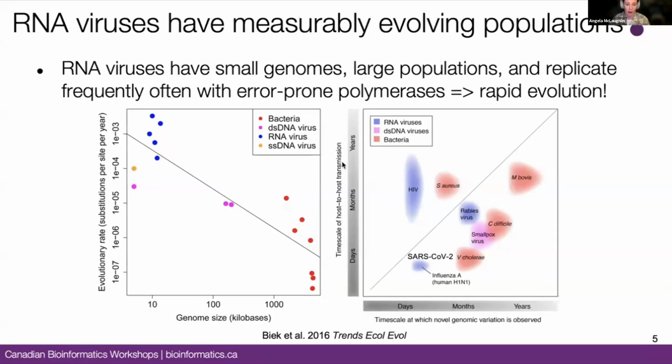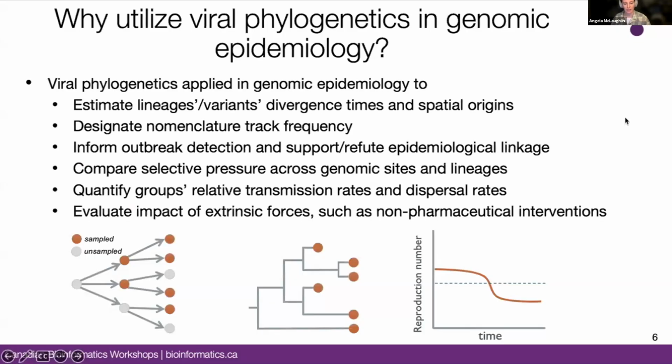On the left, the RNA viruses are on the top left for their evolutionary rate. And over on the right, you can also see the time scale at which genomic variation is observed can be days or weeks. And because they evolve so rapidly, we can use them to infer viral phylogenetic trees that are useful in genomic epidemiology.